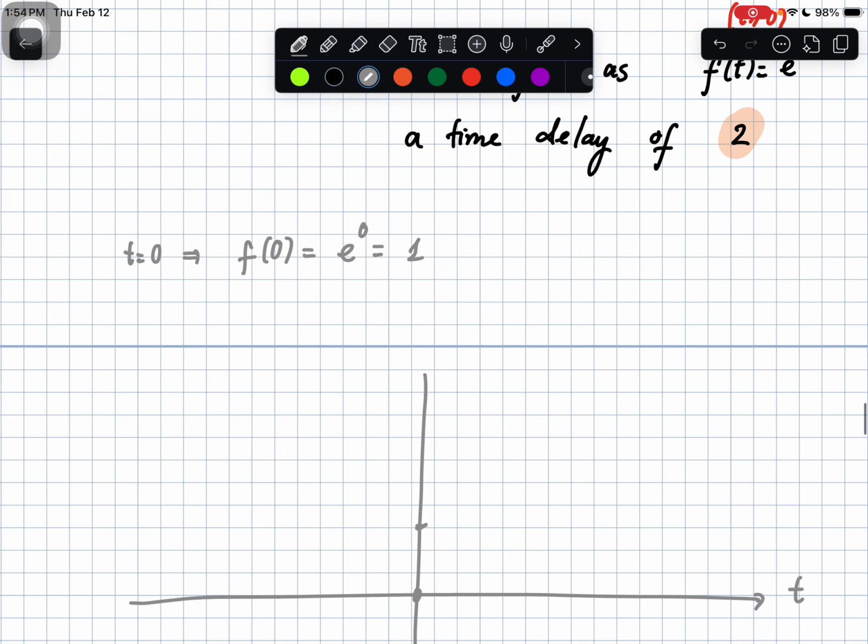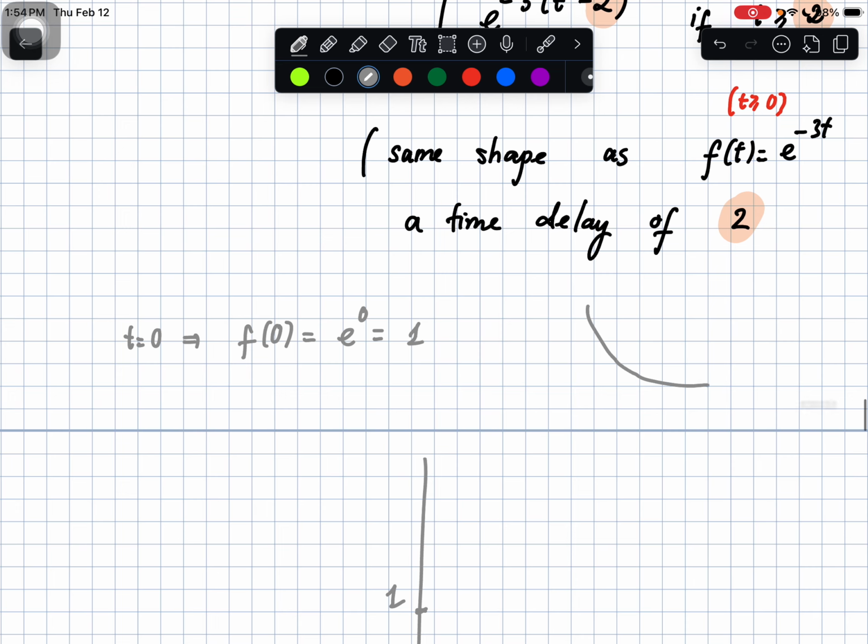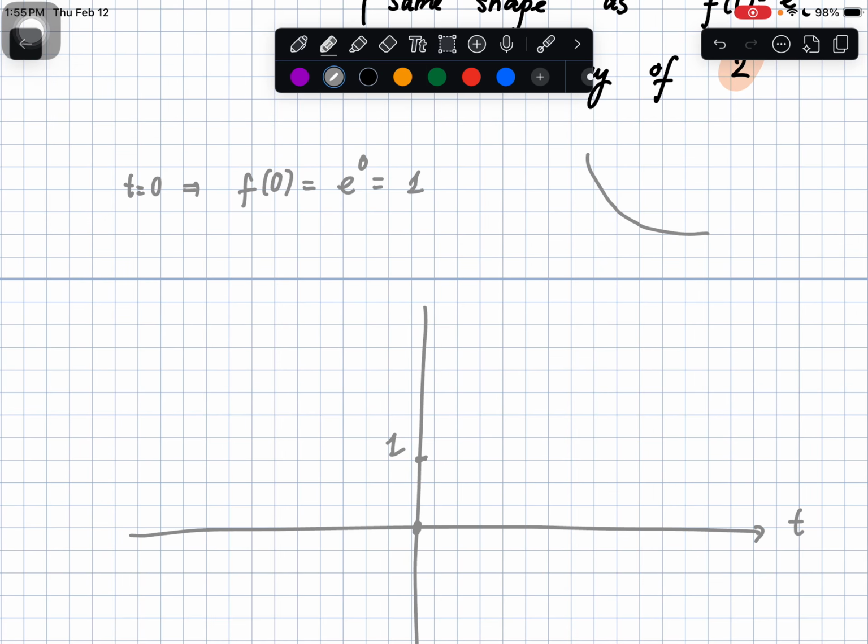So it's here, 1. Because of the exponential e to the minus 3t, where the minus 3 is negative, it goes down to 0. But we only start when time equals 0, so f(t) looks something like this.